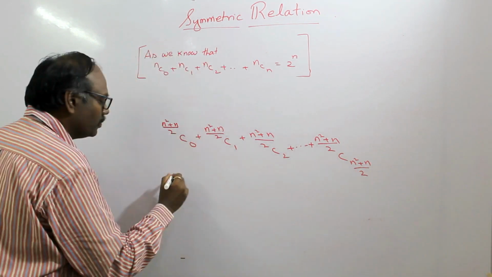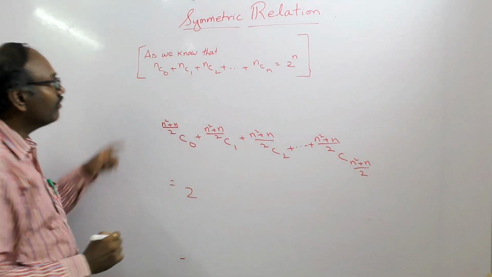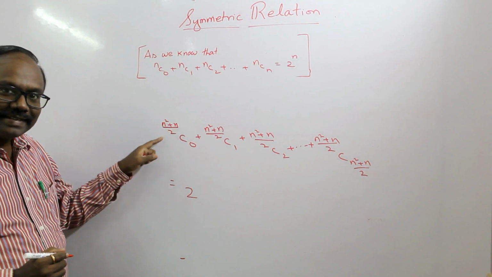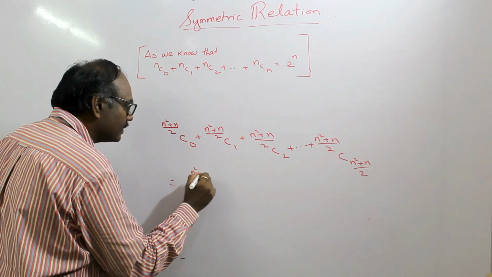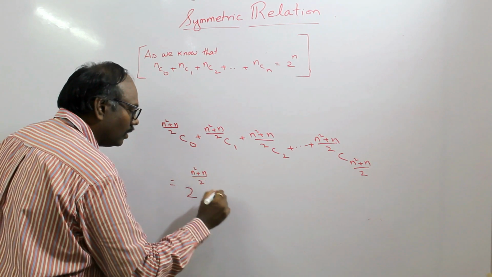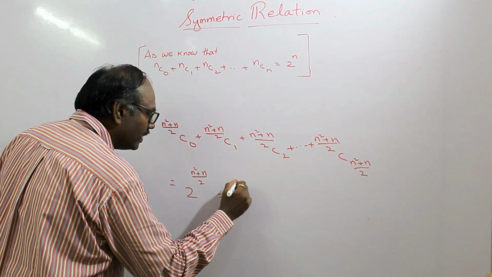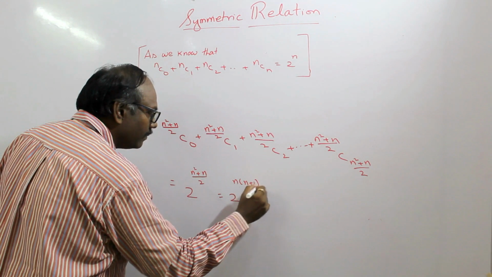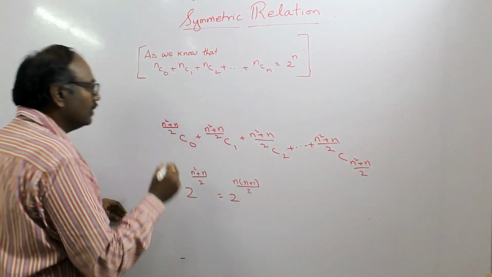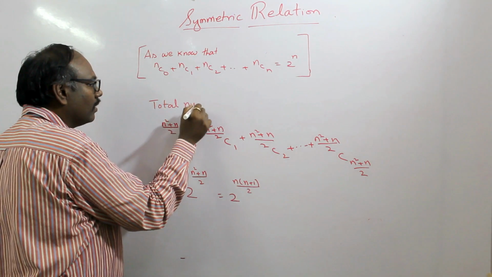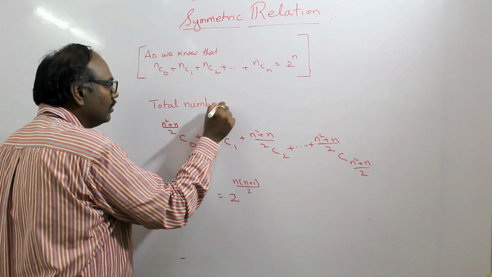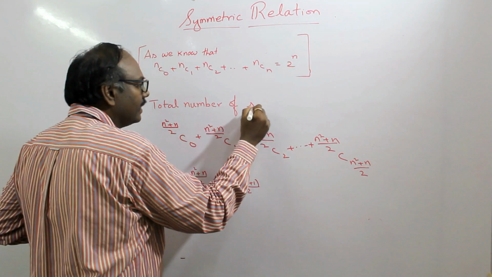So this should be equal to 2 to the power of, now instead of n we have (n² + n)/2. So we get this as 2 to the power of (n² + n)/2, or it is 2 to the power of n(n + 1)/2. So this becomes the total number of symmetric relations.